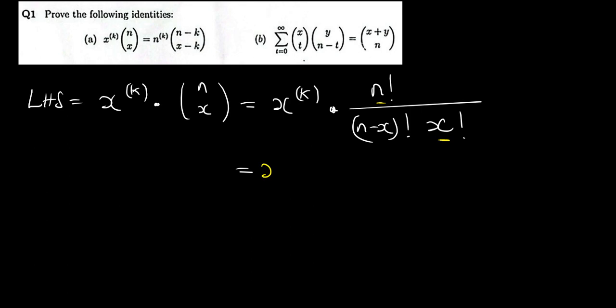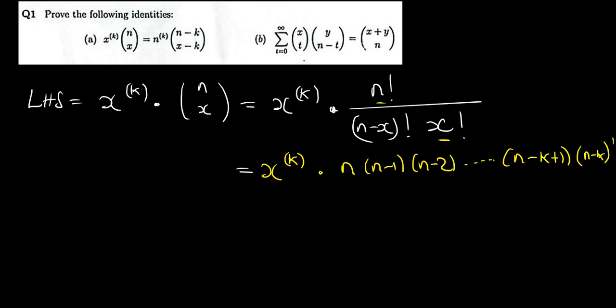So what we have is x k falling multiplied by this n factorial. We write it as n, n minus 1, n minus 2, all the way up to n minus k plus 1, and then the last term, which is n minus k factorial.